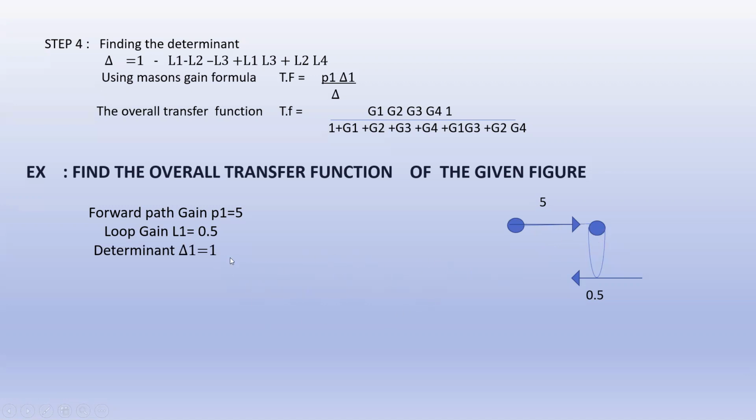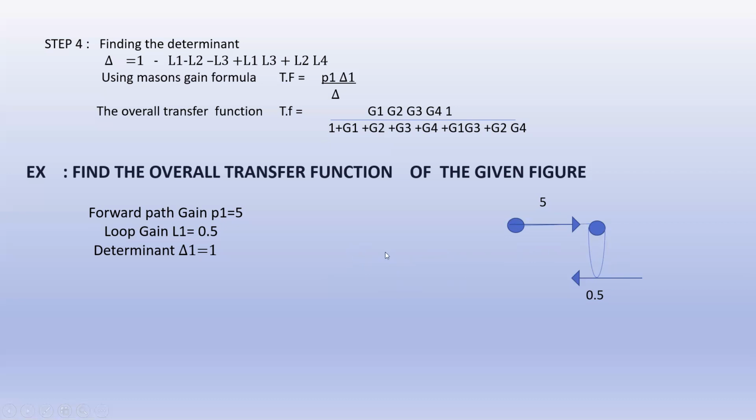Next we have to find out the overall determinant of the signal flow graph. We have only one path and one loop, so the overall determinant del equals 1 minus the sum of loop gains. We have only one loop, so there is no possibility of non-touching loops here.